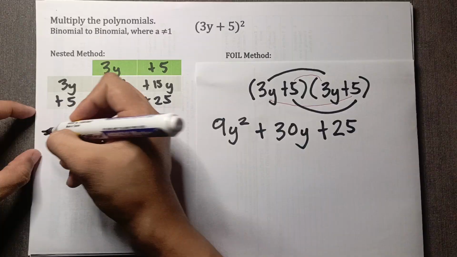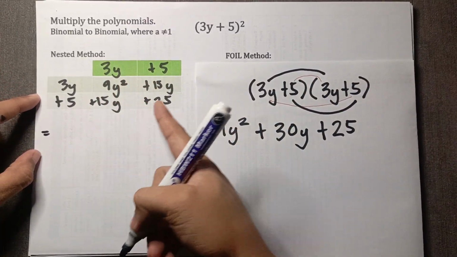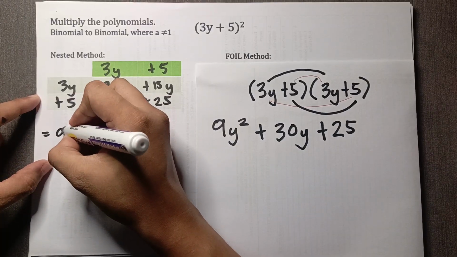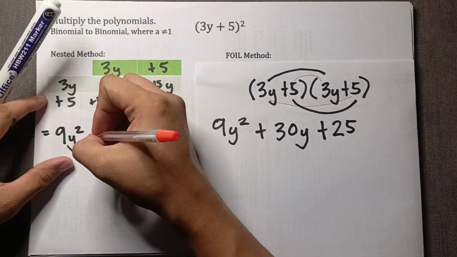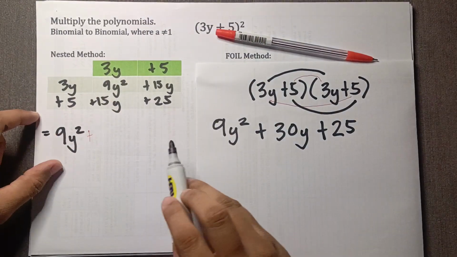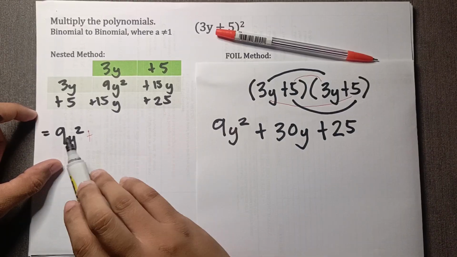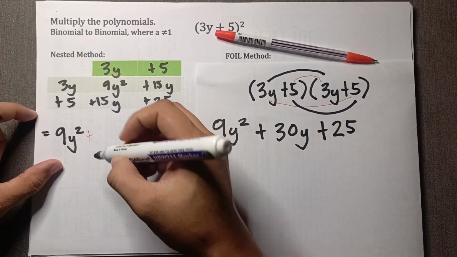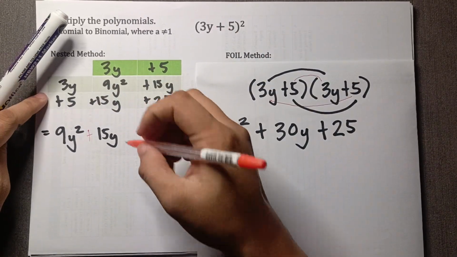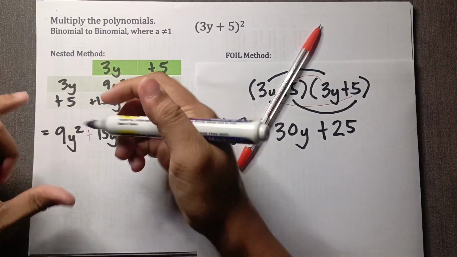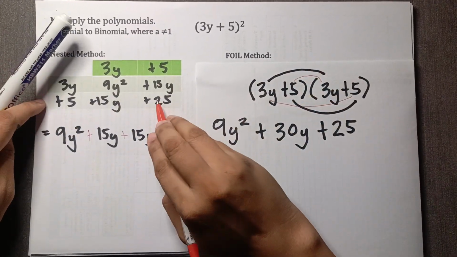Okay, so let's list down all the values na nakuha natin dito sa inner box. So we have 9y squared plus, and checking all the values, all the signs, lahat naman na yung plus, pwede natin i-diretso. So 15y, and this one, 15y, and this one.